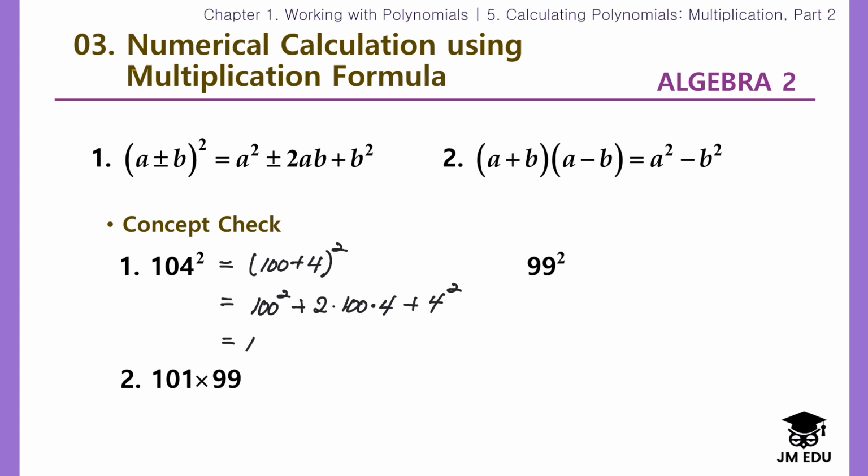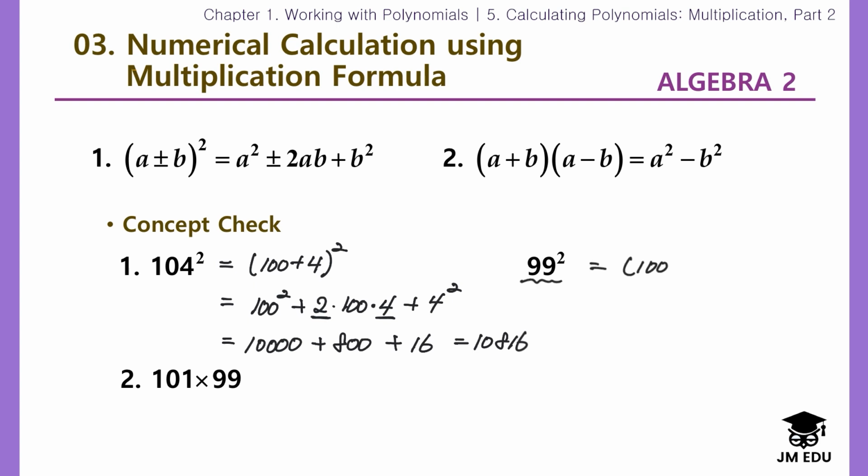So 100 squared, that's 10,000, plus 2 times 4, that's 8. 8 times 100, that's 800. Plus we have a 4 squared, 16, right? So that is equal to 10,816, right? 10,816.